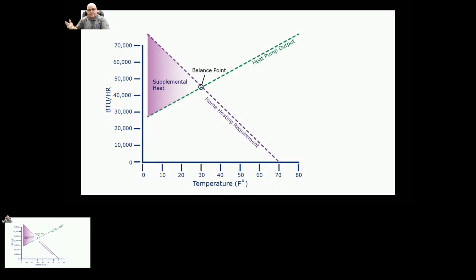BTU per hour is the same measurement unit that we use for furnaces. My furnace at home is 75,000 BTUs per hour. It's an old household furnace. So in the same way, your heat pump output will increase.